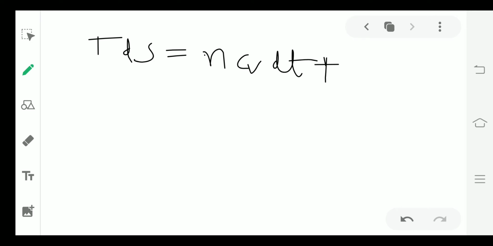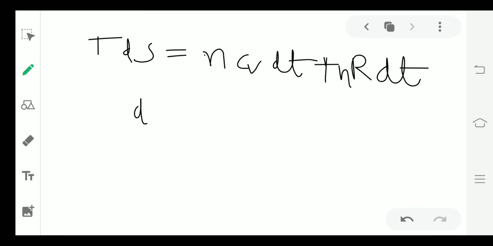So TdS is equal to, I am deriving the whole formula for the specific heat. Since dU is nCv dT plus dW, we can write dW in terms of temperature as nR dT.